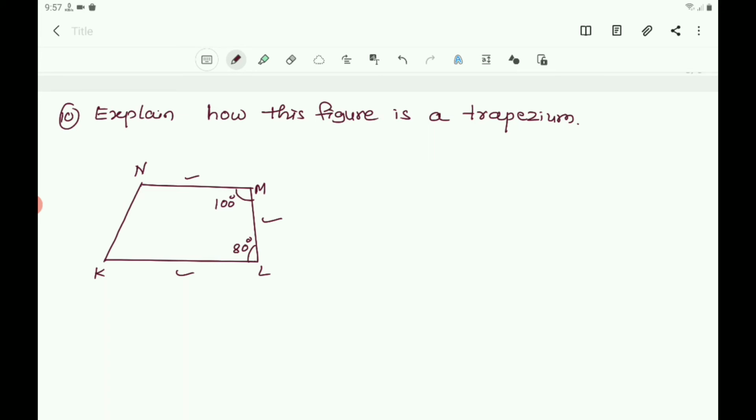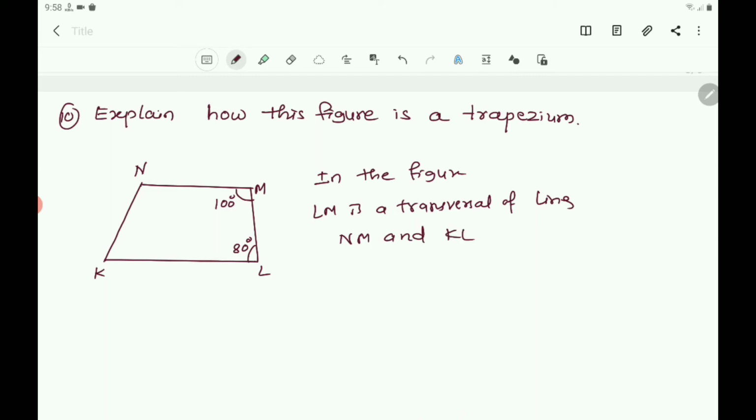So in the figure, LM is a transversal of lines NM and KL. Angle M plus angle L is equal to 100 plus 80 degrees, that is equal to 180 degrees.